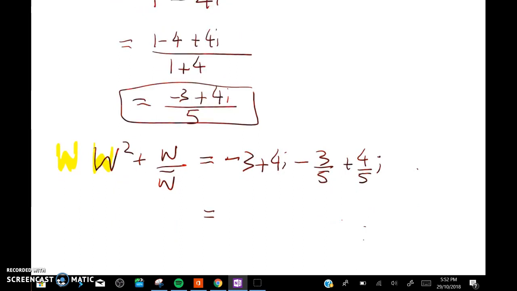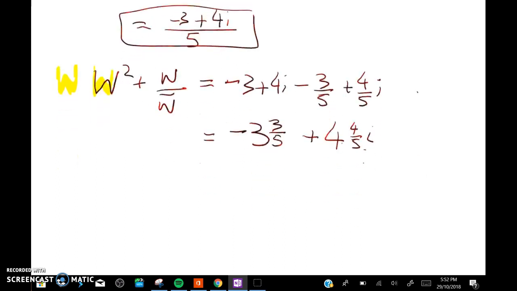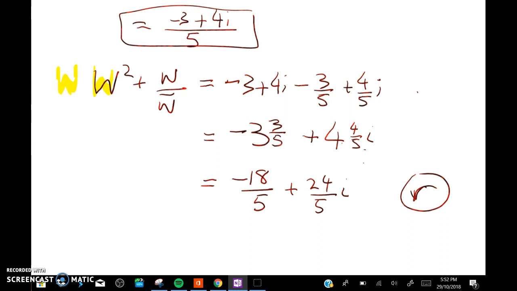Now we need to clean that up. So it's going to be negative 3 and 3/5 plus 4 and 4/5 i. That's one way to write it, but I would rather write that as negative 18/5 plus 24/5 i. Okay, so that's that one done, and that's a merit tick.